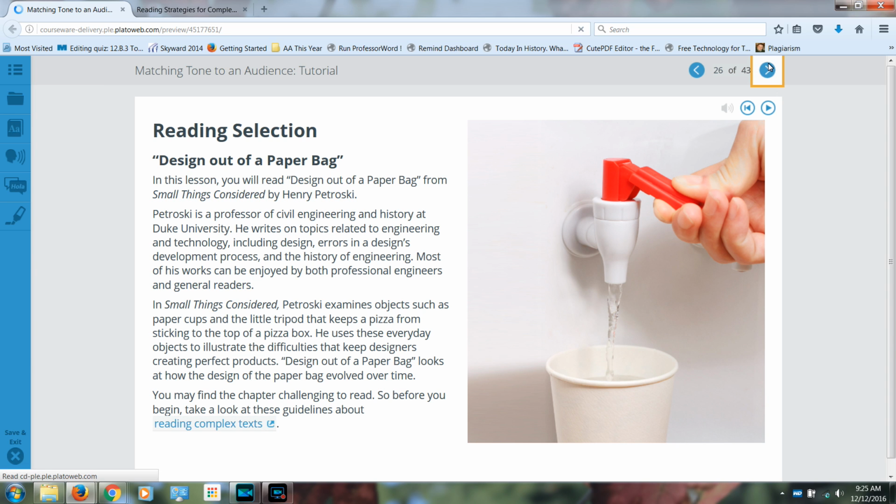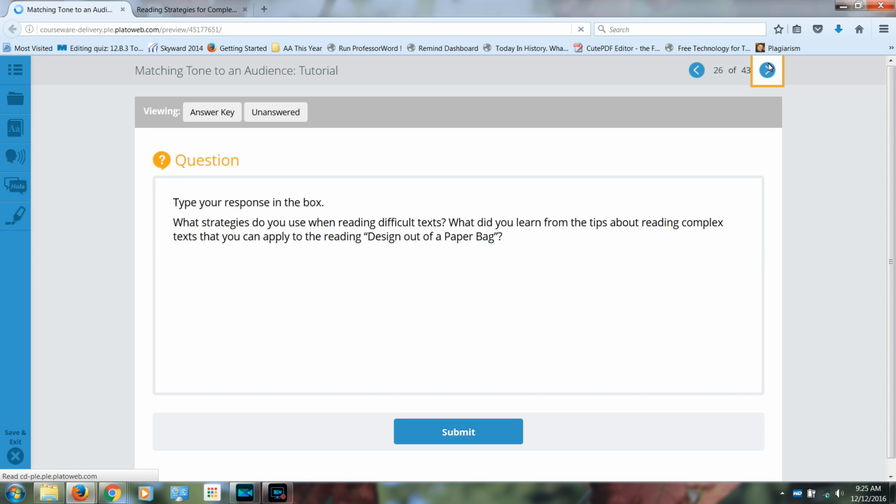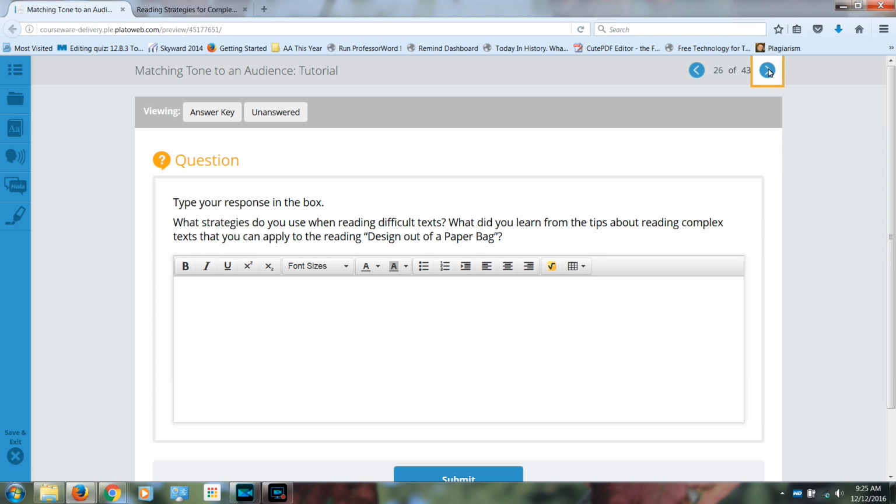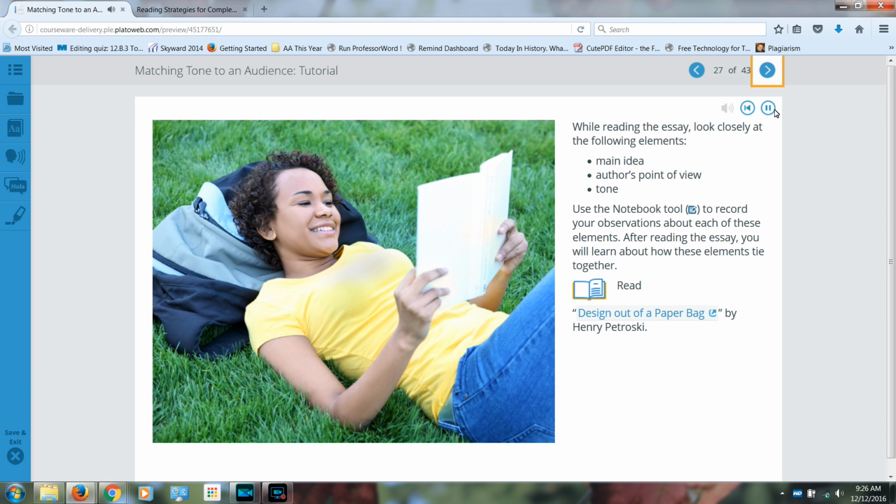Okay, what strategies do you use when you read difficult text? Think about this. Have you ever listened to the text? That would be a good strategy to think about using. Read it and follow along. Now, when you read, look for the main idea.